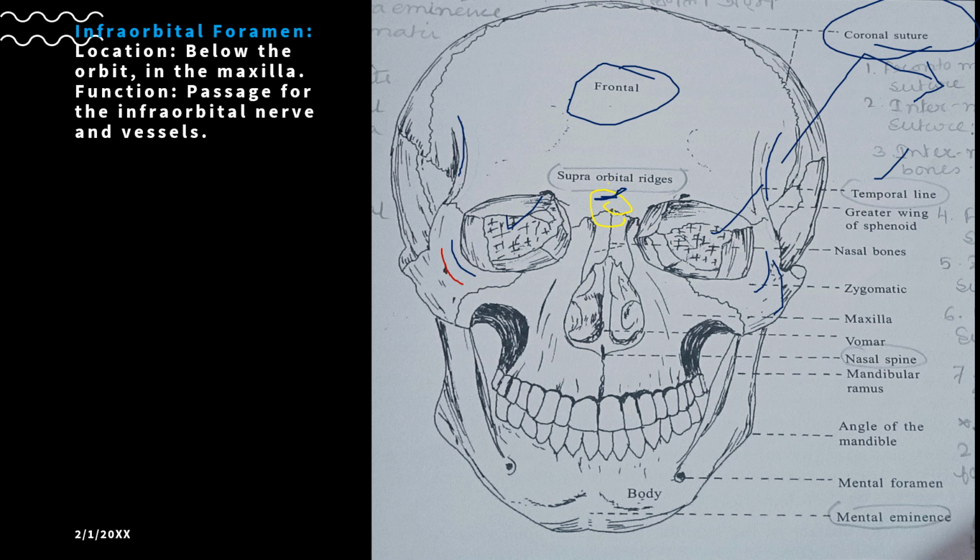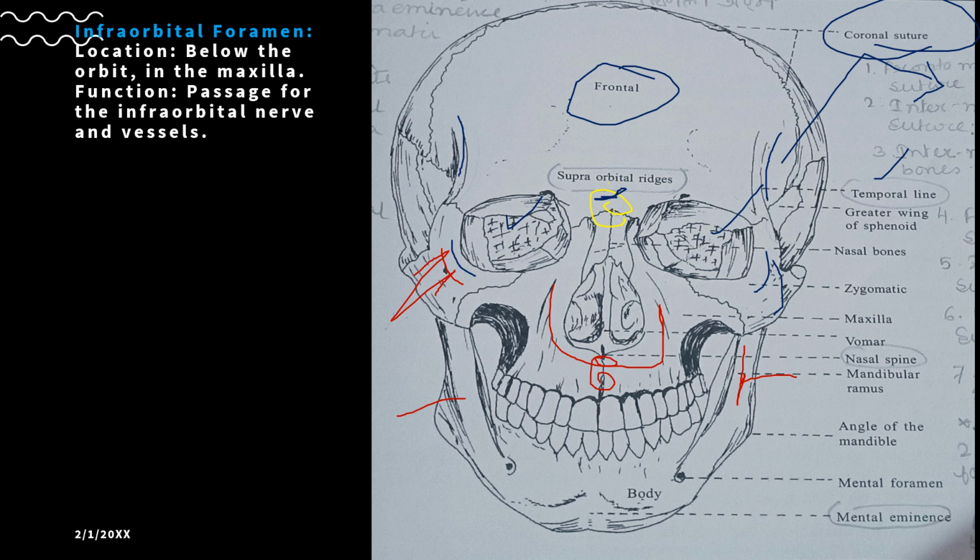This area is known as the zygomatic area, and this upper jaw is known as maxilla. This shaft-like feature is known as mandible ramus, on both sides, and these are the teeth. This area is known as nasal spine.